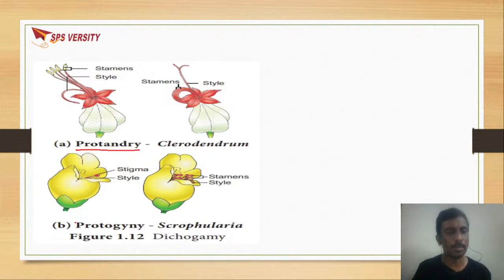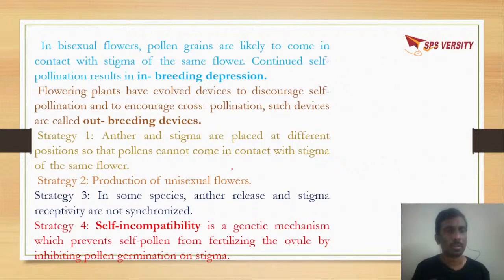Protogyny means the female matures first, that is, the stigma is ready for receptivity but the pollen grains of the same flower are not yet released. So obviously it has to go for cross-pollination.